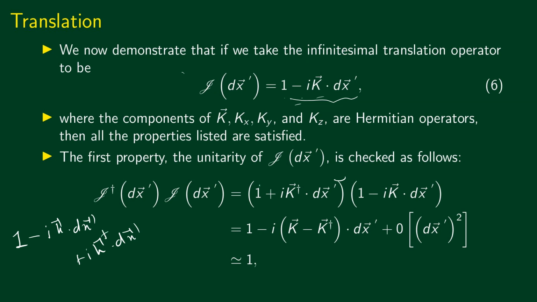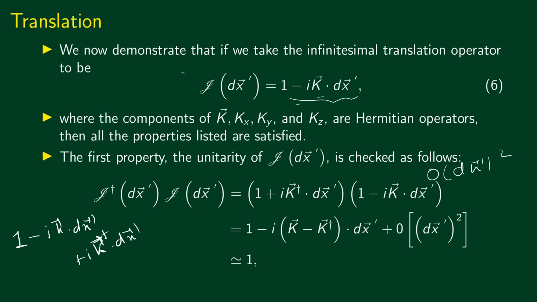So this is 1 minus ik vector dot dx vector prime plus ik vector dagger dot dx vector prime, all right? There's one more term, plus i minus i, that's 1, and this k dagger k dx vector prime dx vector prime, but this is second order. If you take this multiplication, this is of the order of dx vector prime square. So we retain only the first order terms.